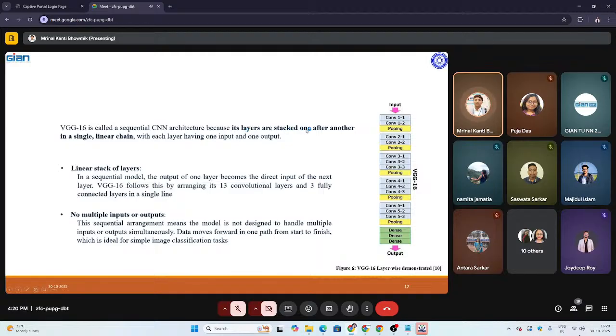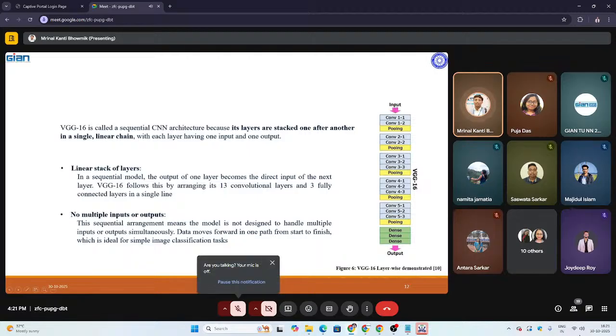Because its layers are stacked one after another in a single linear chain, with each layer having one input and one output. Like you can see, I have added the previous image here. Each of the layers is stacked one after another in a linear way. You already know the meaning of linear, one after another. Here, each layer has one input and one output.